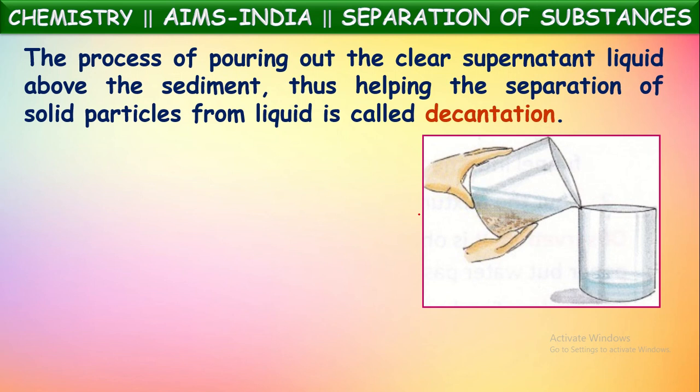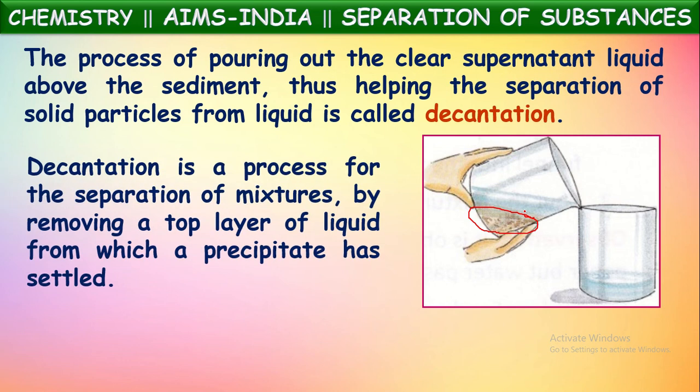See, in the earlier sedimentation process, we observed that solid particles remain down in the container and pure water comes up. Now, slowly this container will be tilted into another container such that the upper layer of pure liquid is separated into the other container, and hence the solid remains back in this. Okay, this technique is called decantation.